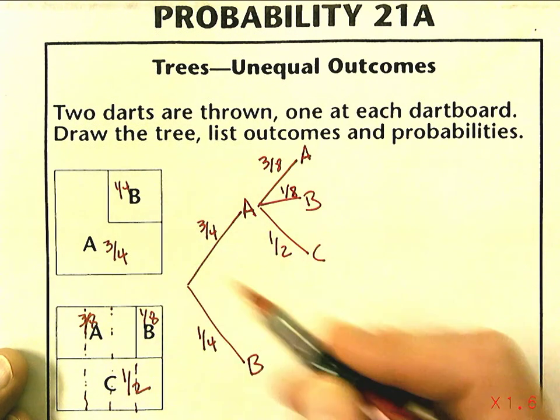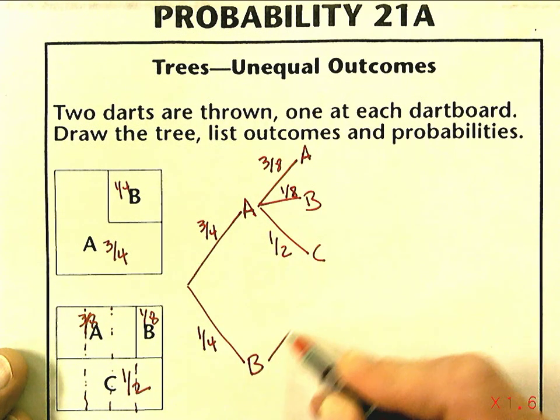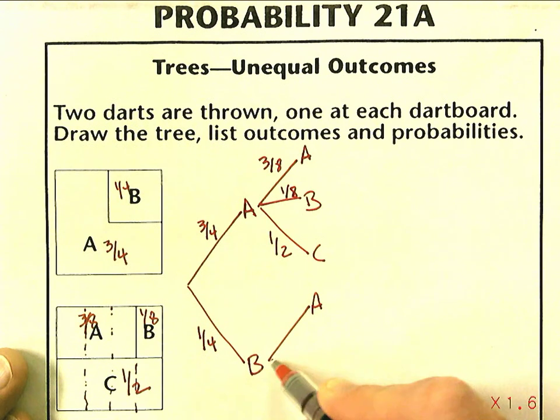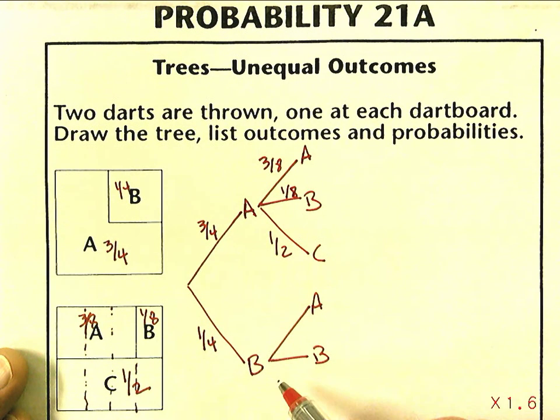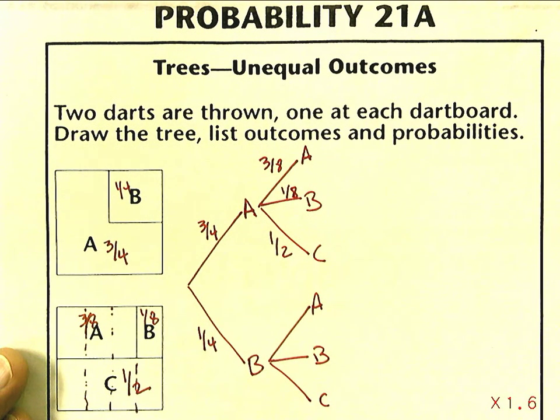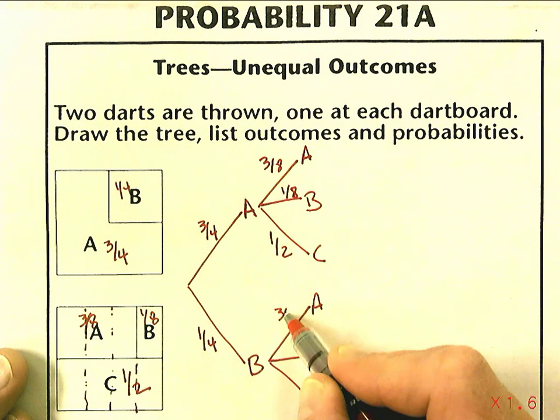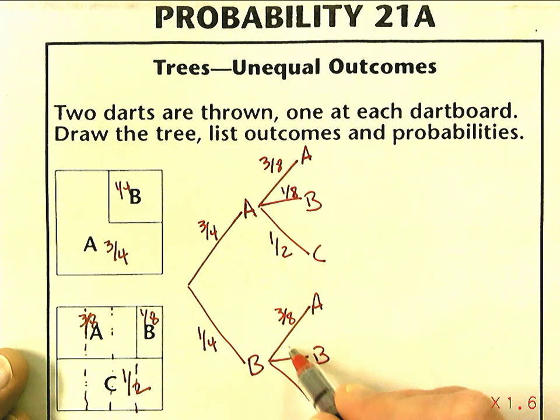If we'd hit B the first time, we still would have the opportunity to hit the A, the B, or the C. And again, the probabilities of hitting each of those is 3/8, 1/8, and 1/2 for each part.